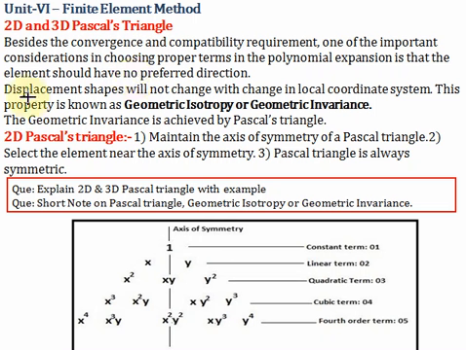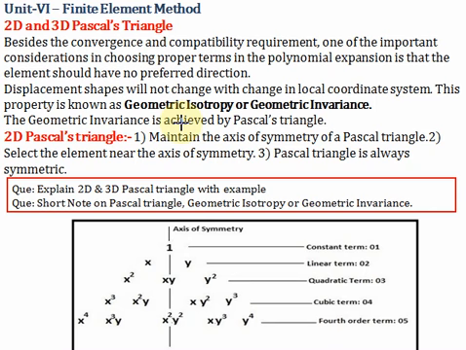The displacement shape should not change with the local coordinate. This property is known as geometric isotropy or geometric invariance. So how can this be achieved? This can be achieved by using the Pascal triangle.